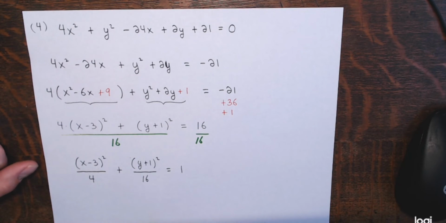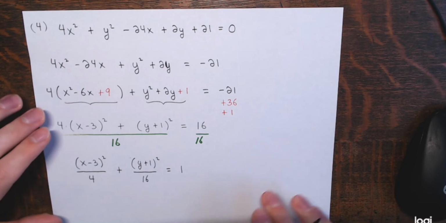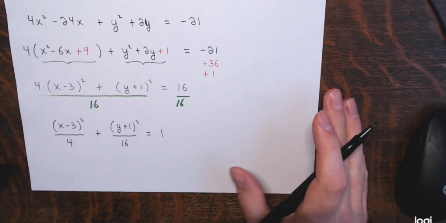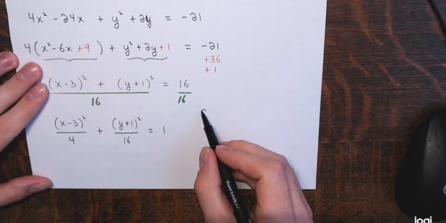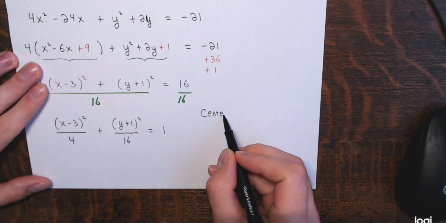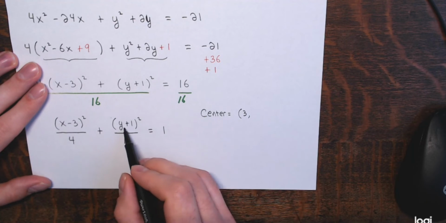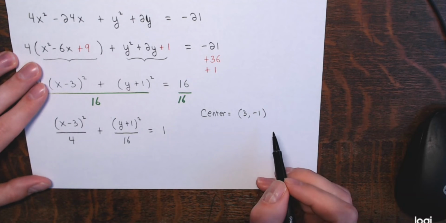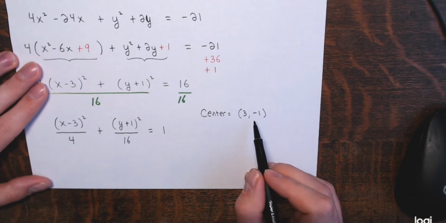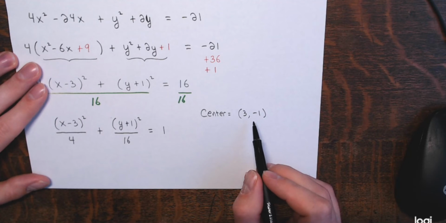Now it's in the standard form for an ellipse. Alright, so the center would be at 3 for the x coordinate and negative 1 for the y coordinate. And then we'll move from here to get to the vertices and co-vertices and the foci.